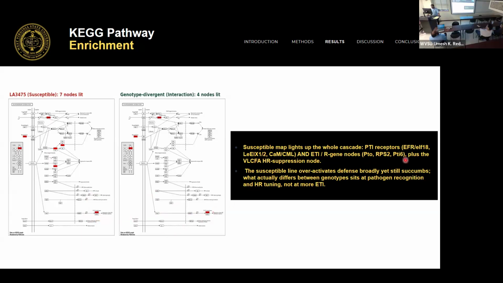So these are the basic receptors. The PTI receptors: EFR, ELF18, LU, EIX1 and 2. These are the classical tomato receptors. And calcium, CAM, CML receptors are also there. Plant receptors. Yes, sir.